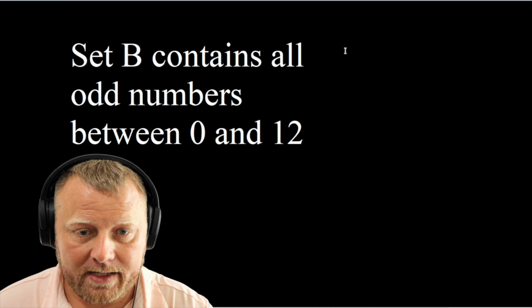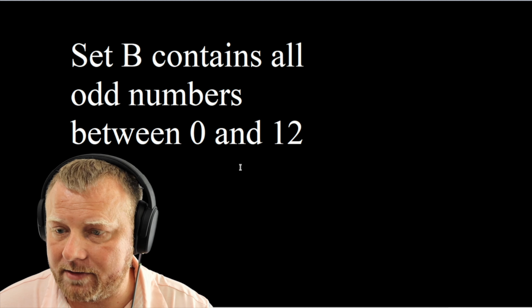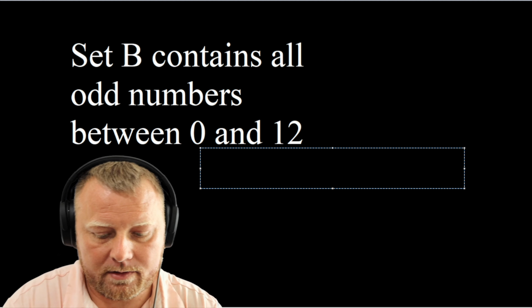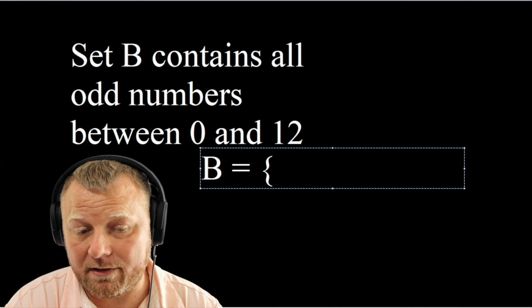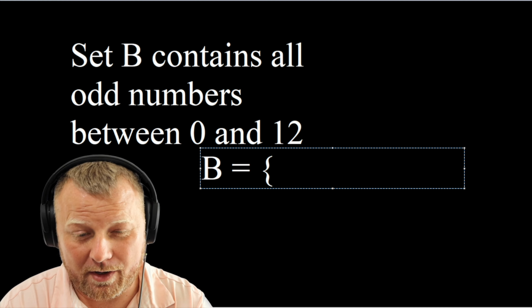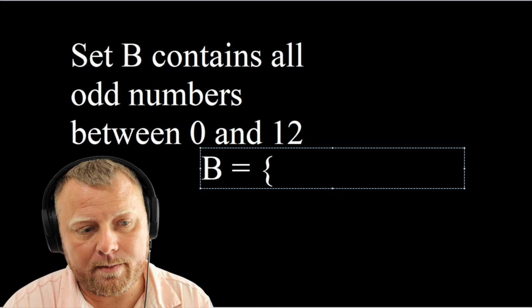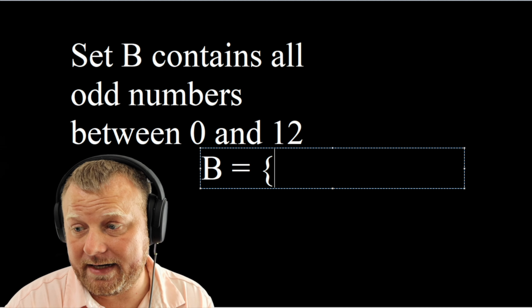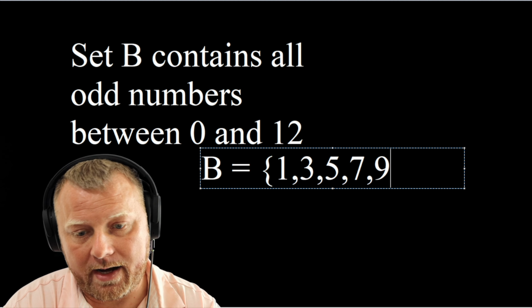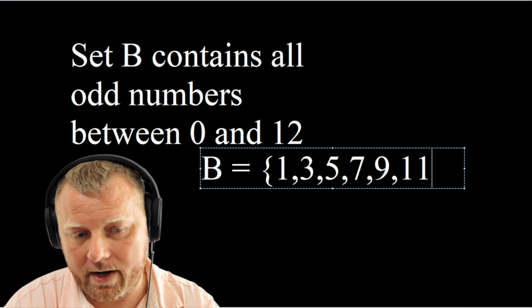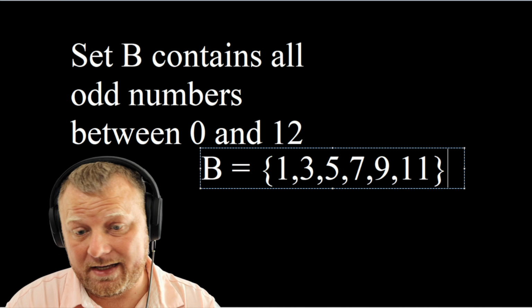Now let's try to draw that out. So B is equal to some set. In set notation, we use the curly brace. All odd numbers between 0 and 12. 0 is an even number, so that's not it. 1, 3, 5, 7, 9, and 11, right? So B is equal to these numbers.